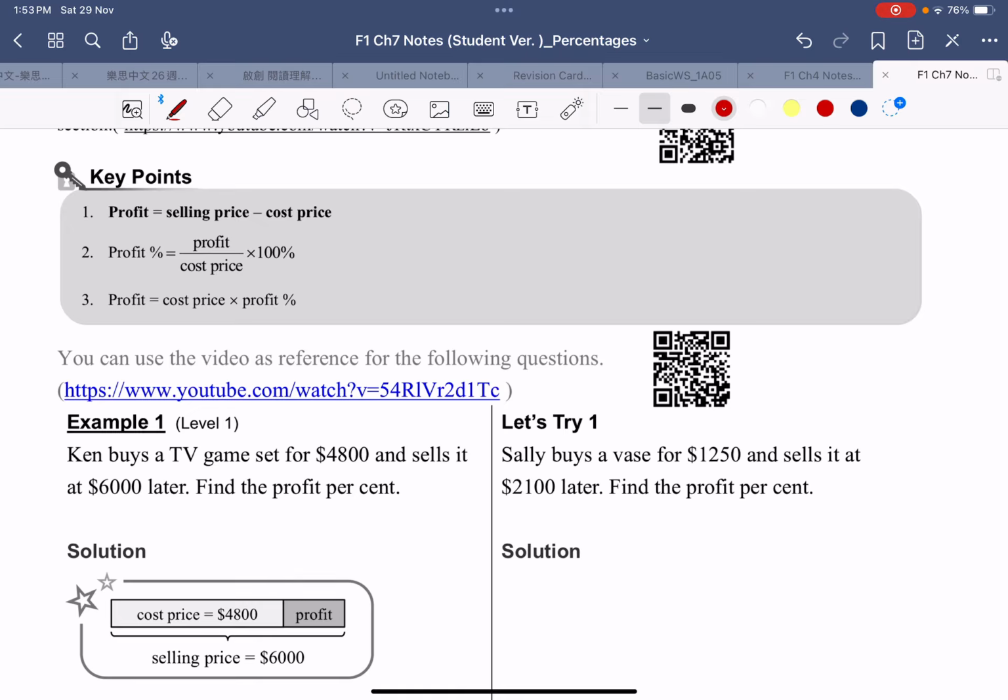Some basic terms you need to know: if you buy something from someone, this is your cost. So I buy something from someone at a cost price, or simply the cost. For example, I buy some goods for $10.